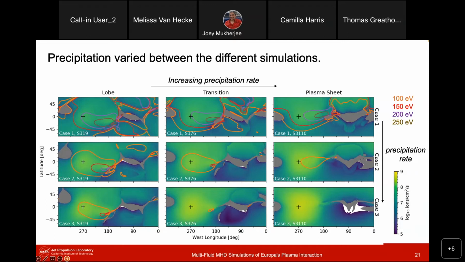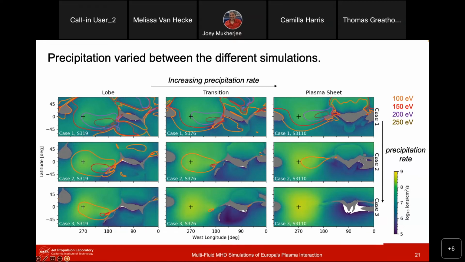So this is magnetospheric plasma. The pluses are showing the ram direction, and in most of these cases that's where we see the highest intensity of plasma, because that's where the plasma is directly flowing through the interaction without being diverted. And then these dark patches where we don't have any precipitation are on the leading or the downstream side of the moon.